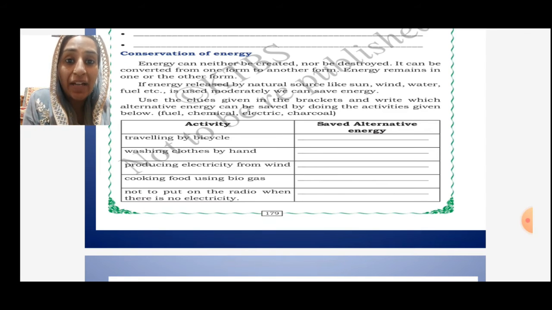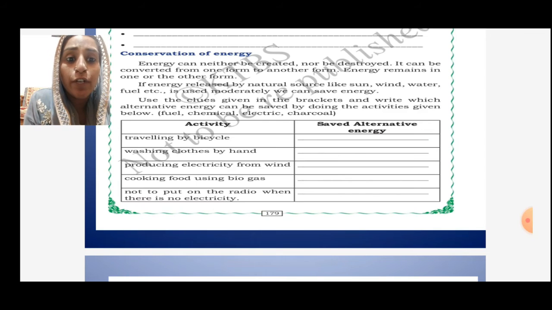Washing clothes by hand: instead of using electrical energy, you can wash clothes by hand. Producing electricity from the wind: instead of normal electrical energy, you can use something like solar energy.